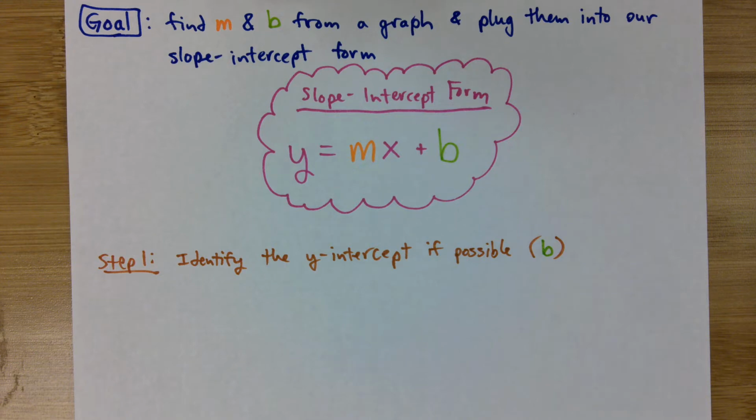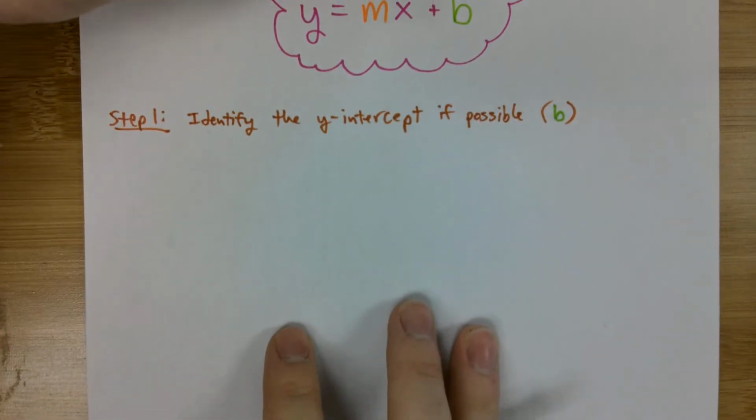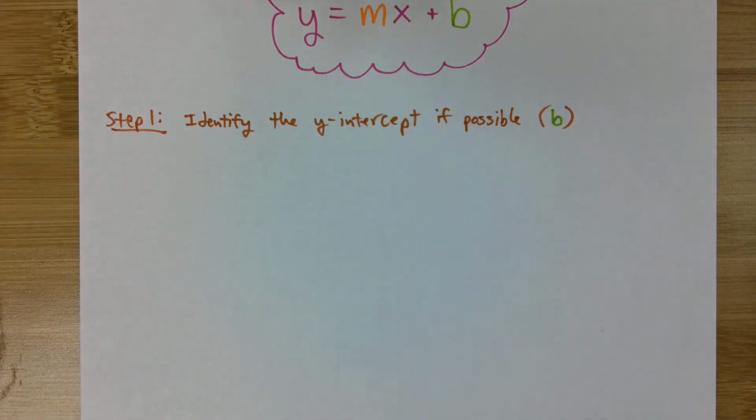As we'll see tomorrow, we're not always going to see a y-intercept on our graph. If it's in between 2 points, like if it's in between 2 and 3, but you're not quite sure if it's 2 1/3, 2 1/2, 2 3/4, we're going to be able to figure that out mathematically. Tomorrow, not today. So we're identifying the y-intercept if possible.